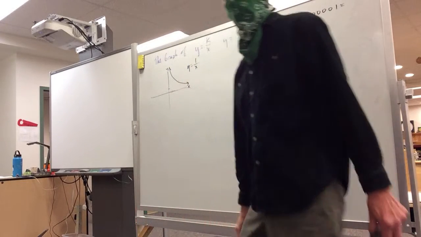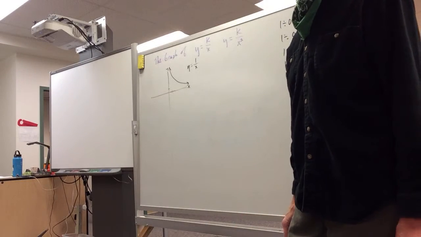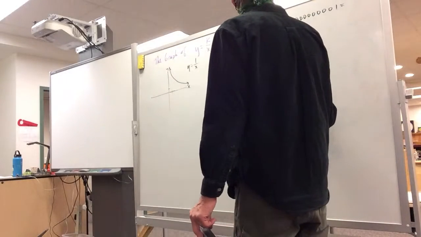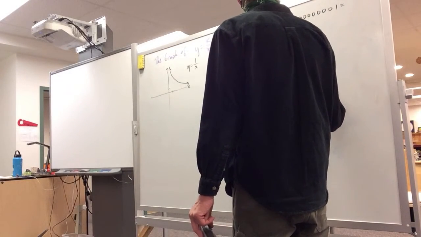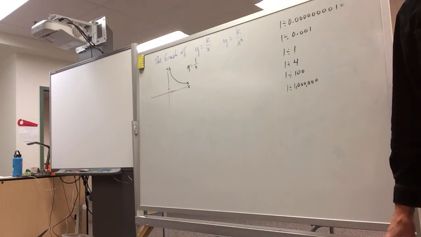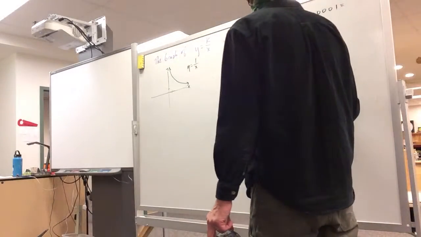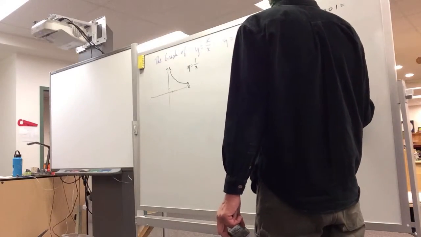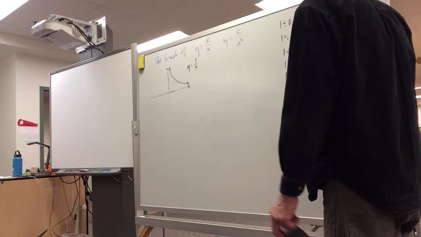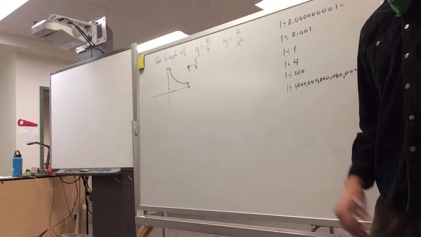Is it ever going to get to 0? If I took 1 divided by 1,000,000, is that a large or small number? Very small. What if I divided by a billion, or a trillion, or a quadrillion? It's going to get smaller and smaller.